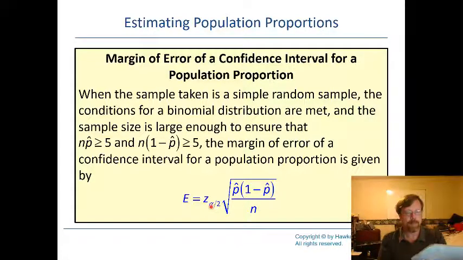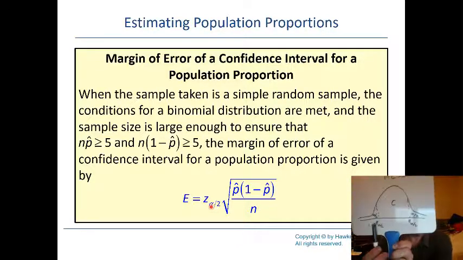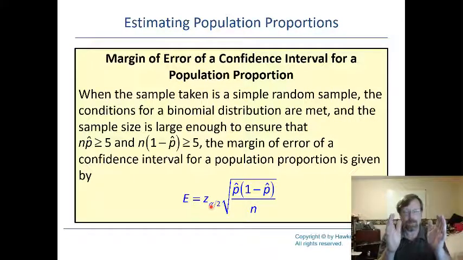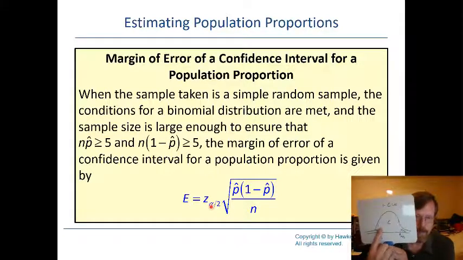And Z sub alpha over 2 and negative Z sub alpha over 2 are just the Z scores that correlate to that boundary in between the confidence interval, the area we want our confidence to be in. I'm phrasing that very poorly, I'm sorry. It's just that boundary between where we think it is and what we're not so confident about.